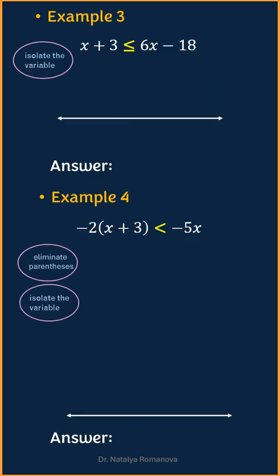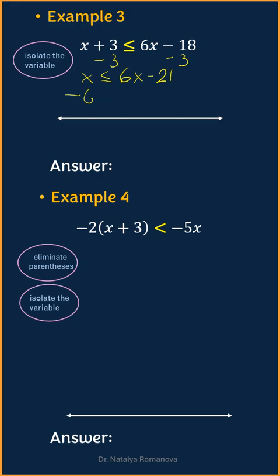Example number 3. The first step is the same situation. We need to isolate x. So we subtract 3 from both sides of our inequality. And we have x less than or equals 6x minus 21. After that we subtract 6x from both sides.